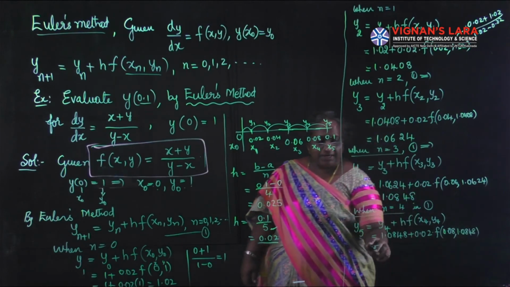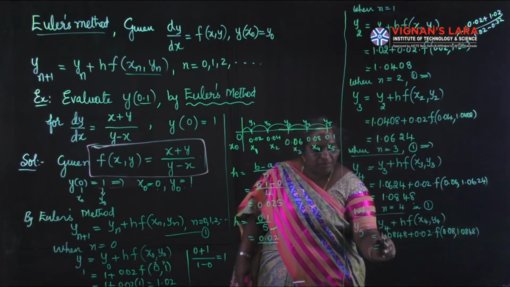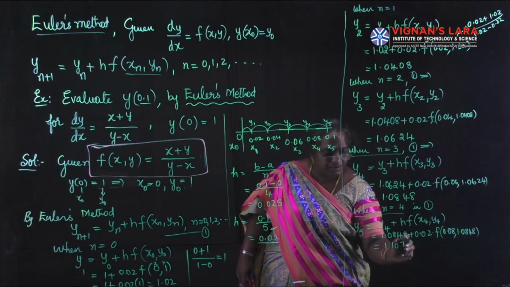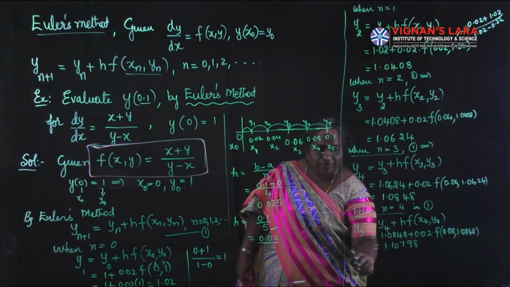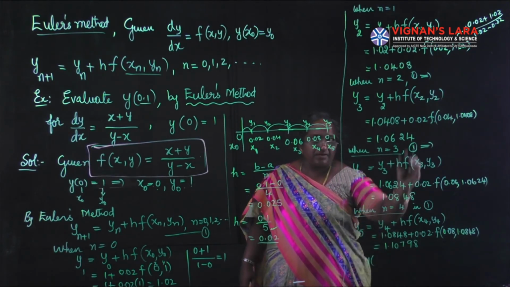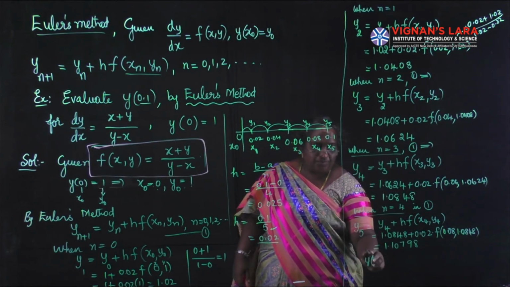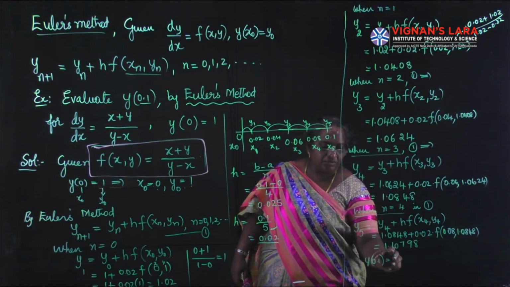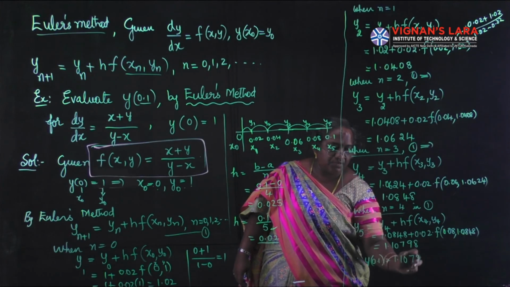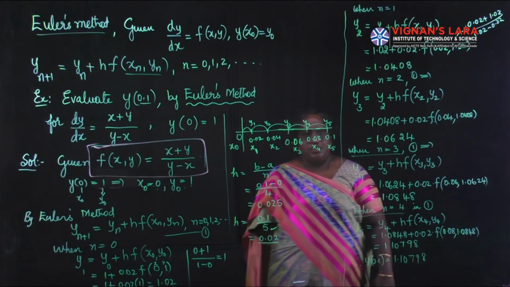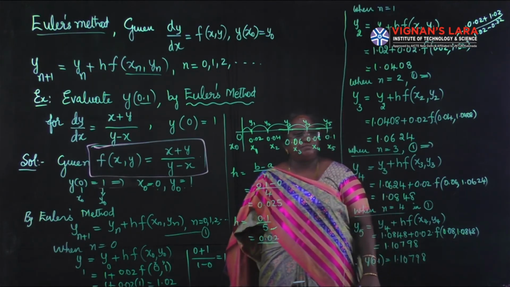If you calculate, this is 1.10798. Therefore y at 0.1 is equal to 1.10798.